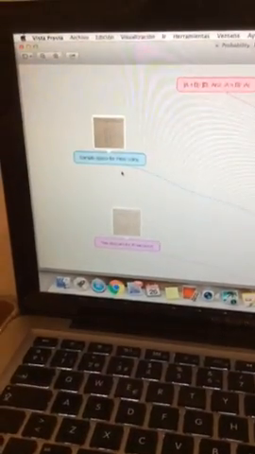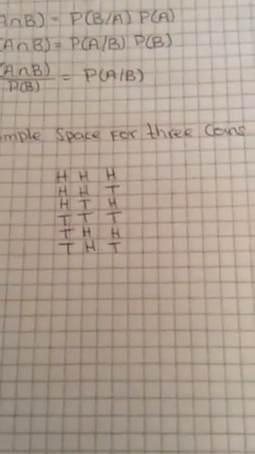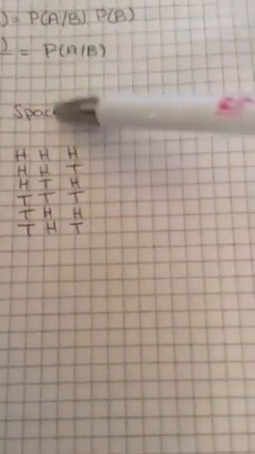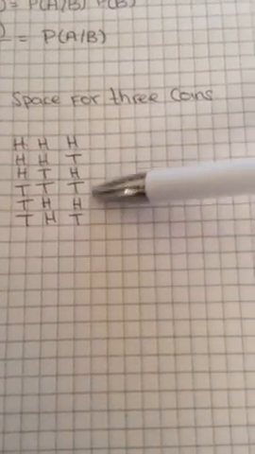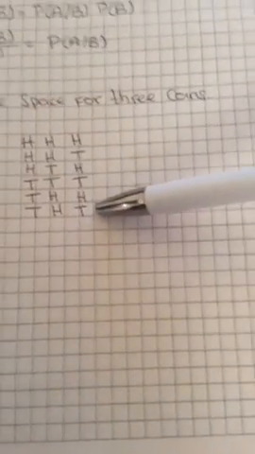Now going further, we can analyze the sample space, for example, for 3 coins. One tip we have for finding the sample space of these 3 coins is first writing head, tail, head, tail, head, tail, and head, tail 3 times this combination.